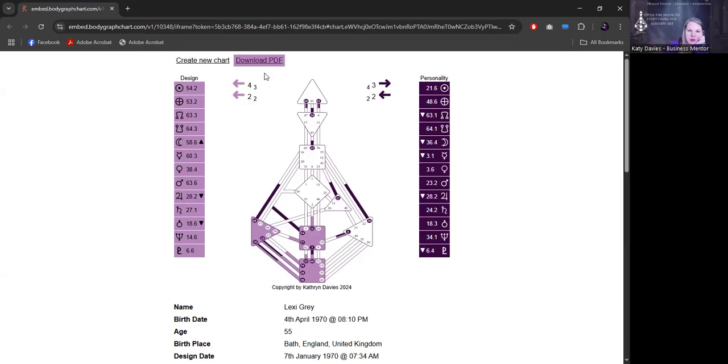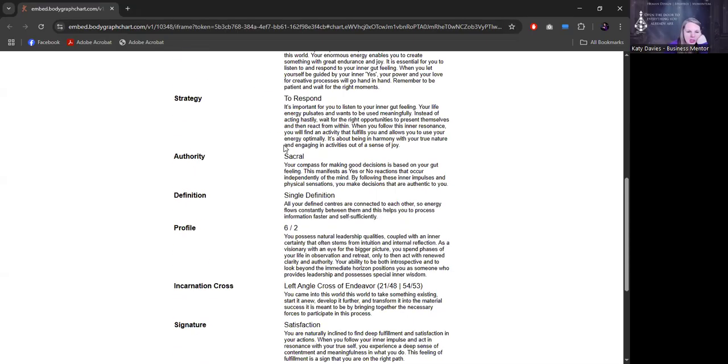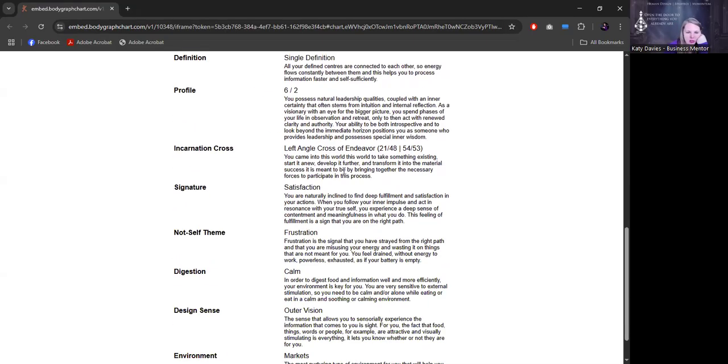So those top 2 on this side and top 2 on this side have the most influence. The combination of those 4 is what is called your incarnation cross, because when you mix certain things together, it's going to have a certain theme to it. And that is where that comes from.